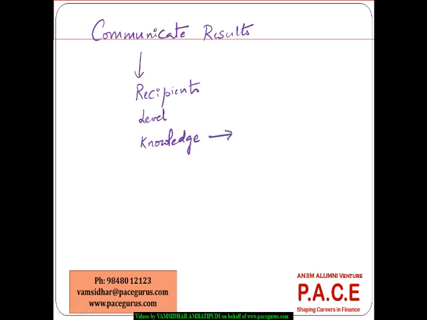Should I talk too much technical with them, or do I need to talk more from an output perspective, or do I need to translate the output more in business terms? So depending on the recipients of the information, the appropriate reports need to be designed and communicated to the appropriate parties in an appropriate manner.